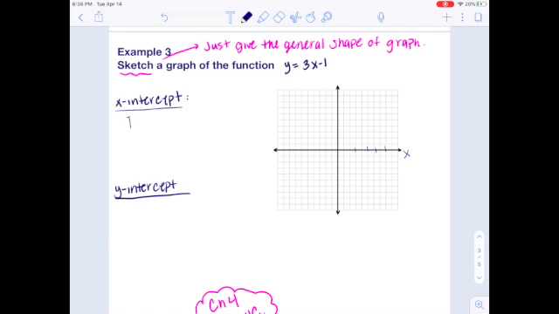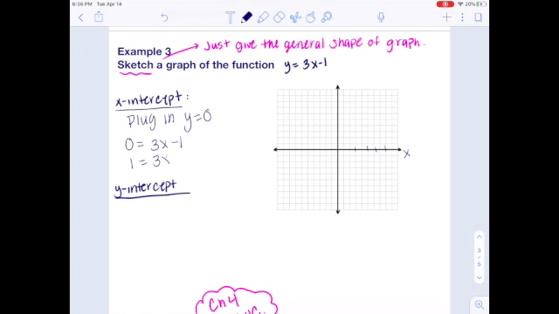So if you want to find the x-intercept, you're going to plug in y equals 0 into the equation and solve for when your graph hits the x-axis. So you'll see 0 equals 3x minus 1 and solve that. Add 1 to both sides, so you get 1 is equal to 3x, and then divide both sides by 3, and you get x is equal to 1/3.